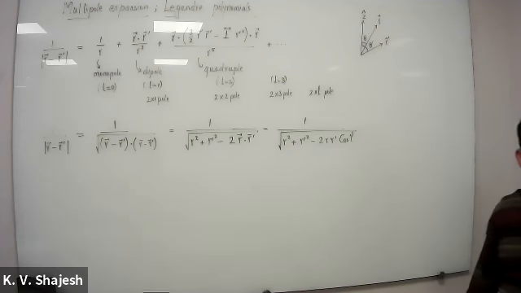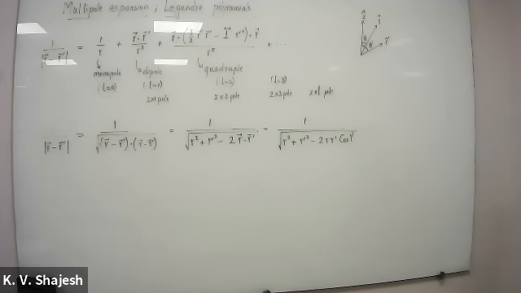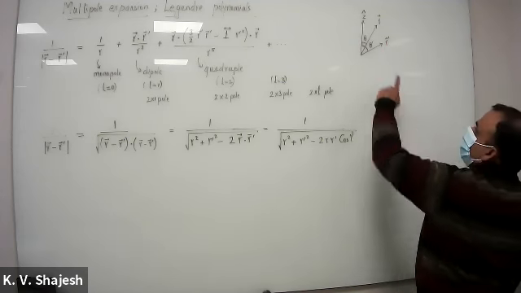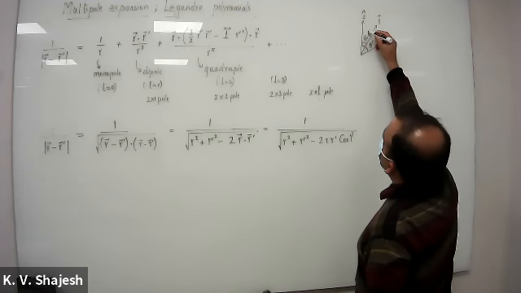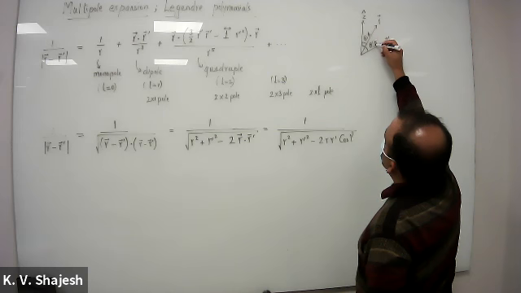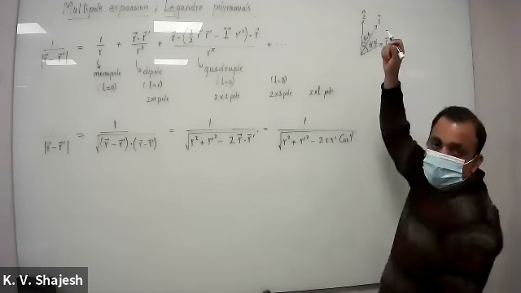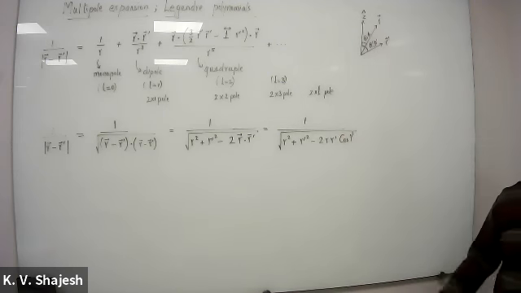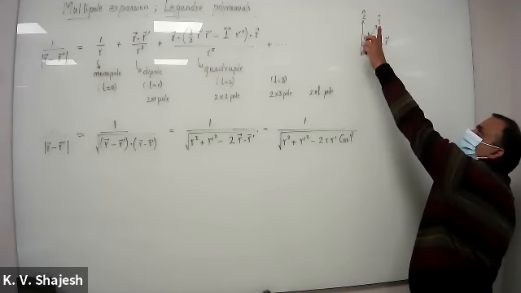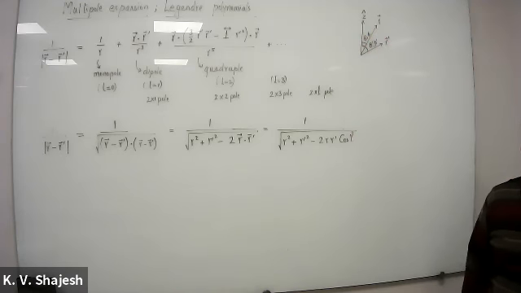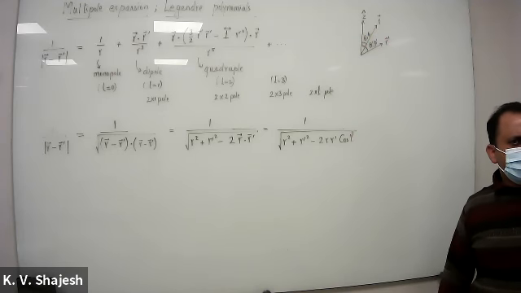These two need not be in the plane, right? So this can make another angle phi here, and this could make another angle phi prime here, which is how much out of the plane. Is that clear what I mean? Keep the theta fixed and bring it out of the plane. That decides how much phi angle it is. Is that clear what I mean there?